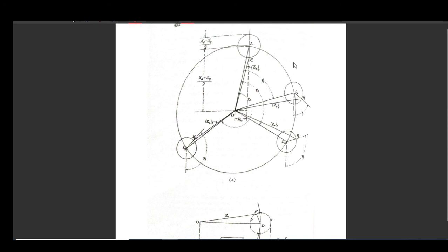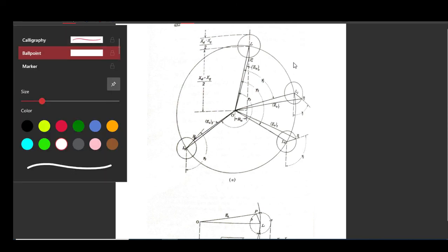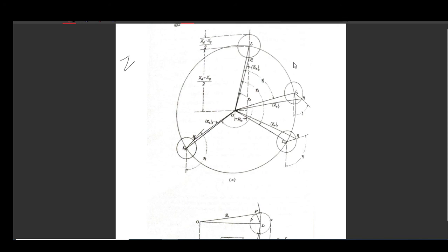If we try to represent the variation of Zs as a function of these angles, what we can write is Zs is equal to Zd cos(theta d minus beta) plus j Zq sine(theta d minus beta).